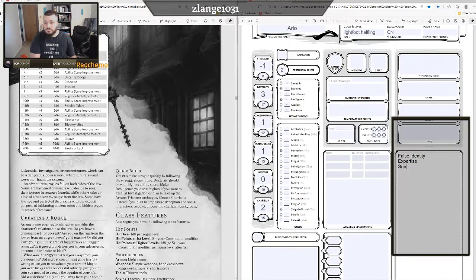Expertise, sneak attack, which I like to put down here with the changing information. For sneak attack, it is currently 1d6. So, one six-sided die every time we get a sneak attack.